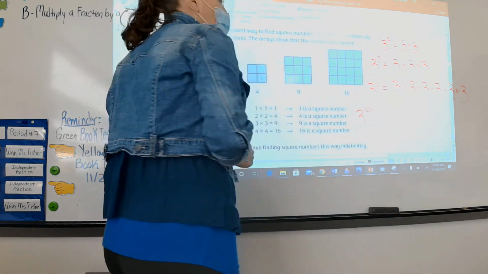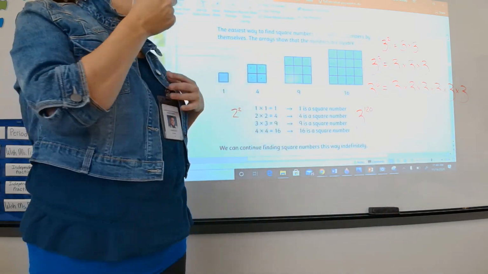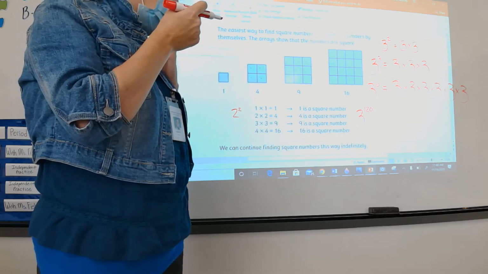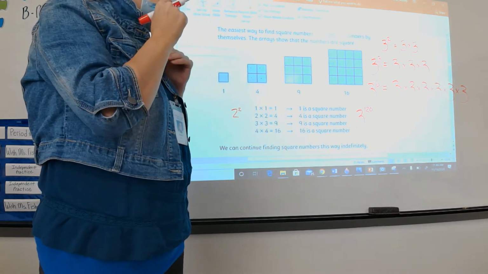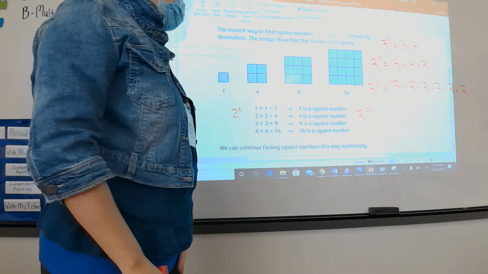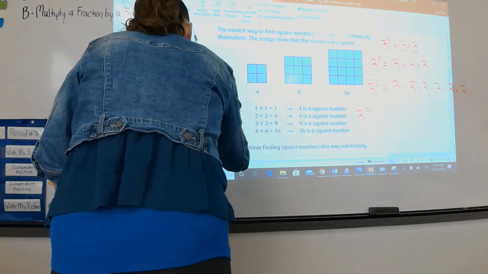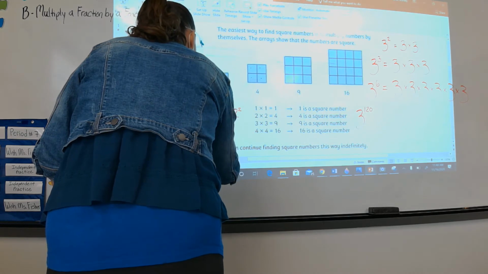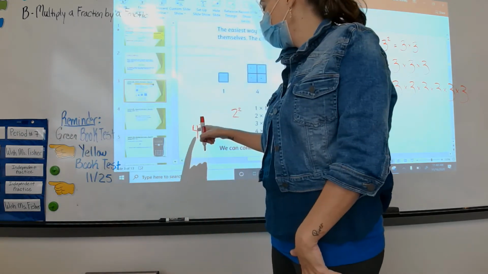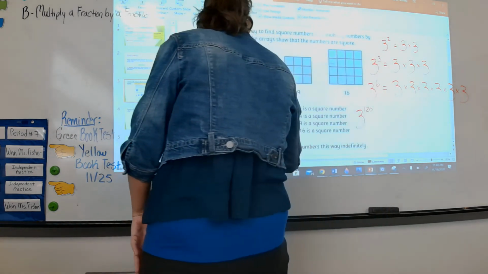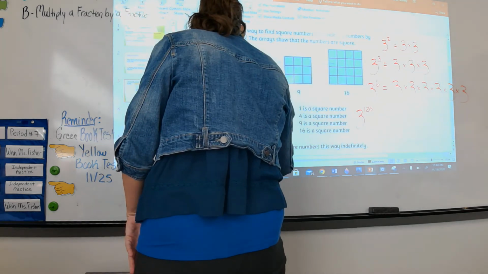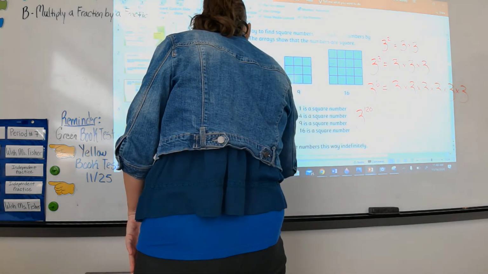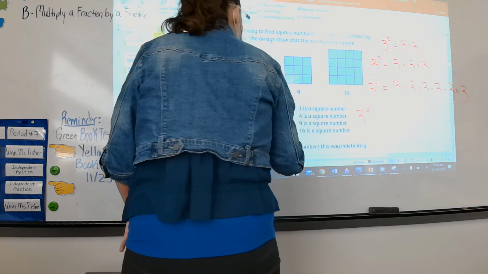We have a 3 and a 4. 4 squared. Think about what that's saying. 4 squared is really saying you have 2 4s, so it's 4 times 4 equals 16.